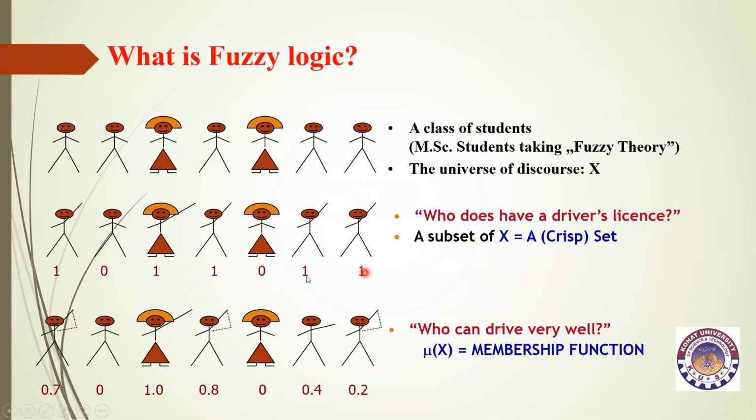So there are crisp values of 0 and 1, where 1 is for having the license and 0 for not having the license.